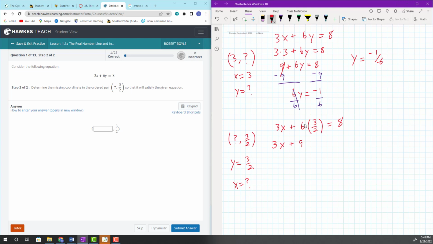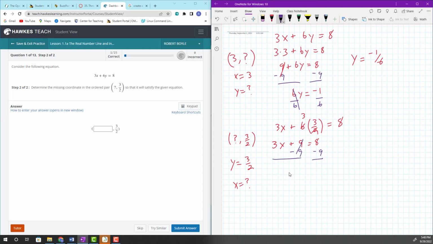You can also look at it from this point of view. This will become 1, that will become 3, multiply them together, you have 9, and all of that's going to be equal to 8. Now, once again, I want to solve for x. That means getting x by itself and everything else over here. So the first thing we need to do is use addition or subtraction to move the 9 term onto the other side. So minus 9, minus 9.